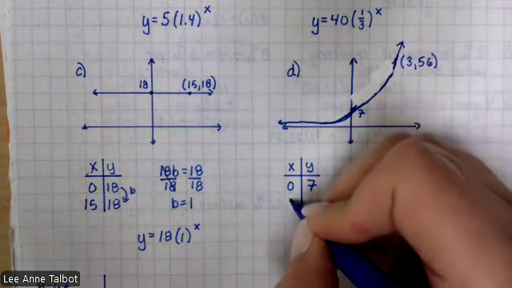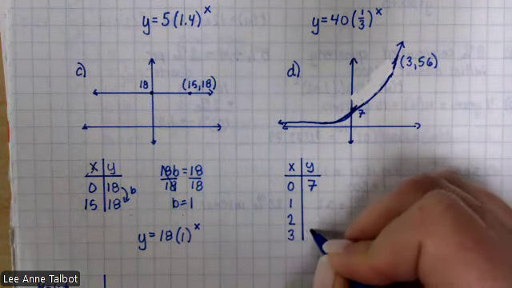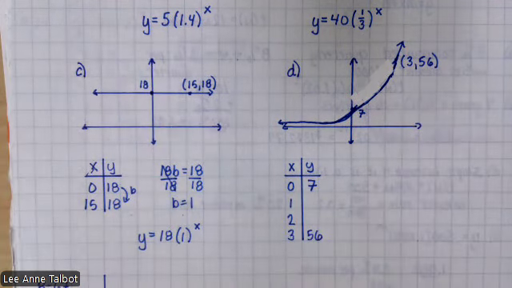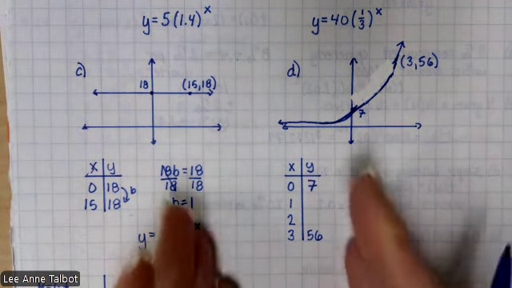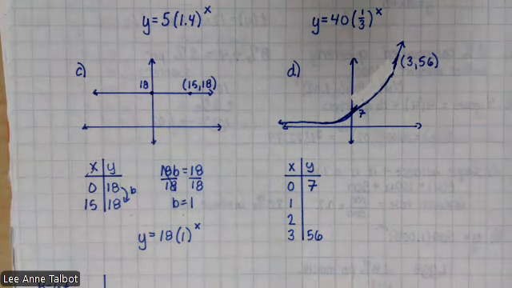But then go 1, 2, 3, 56. Make sure that your table has spots for 1, 2, and 3.